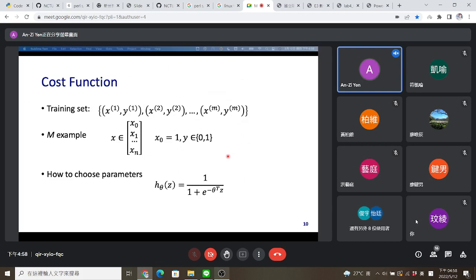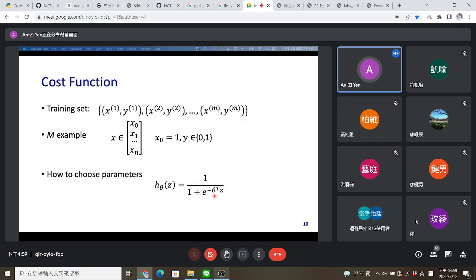So this is the hypothesis, and the parameter of the hypothesis is theta. The question we have to talk about is: given this training set, how do we fit the parameter theta?